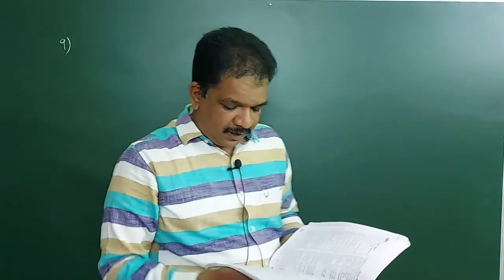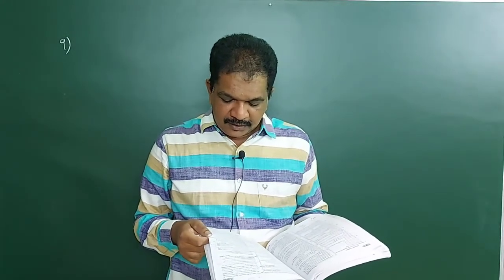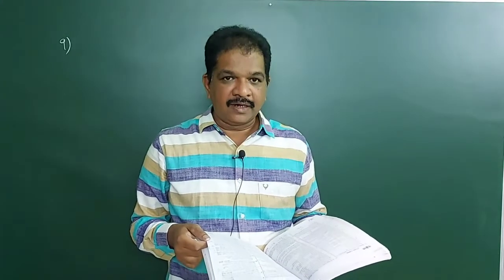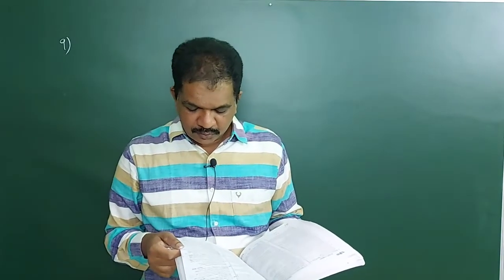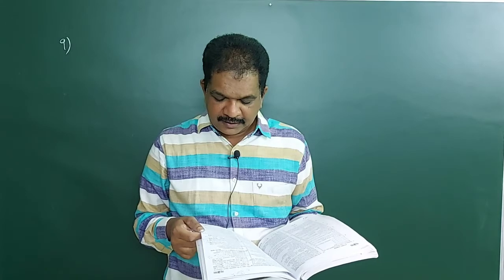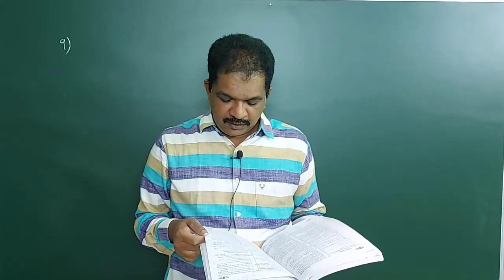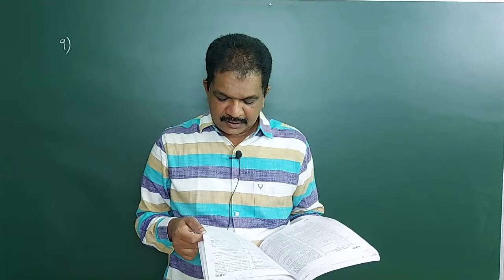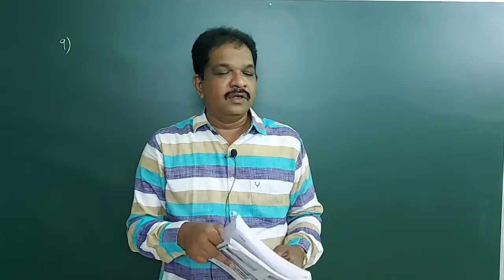What they are asking, ninth question, see. Light emitted during the de-excitation of electron from n is equal to 3 to 2, when incident on a metal, photoelectrons are just emitted from that metal. In which of the following de-excitations photoelectric effect is not possible?